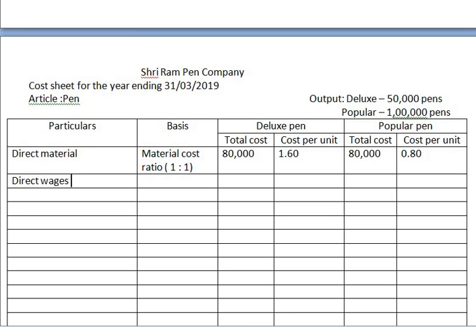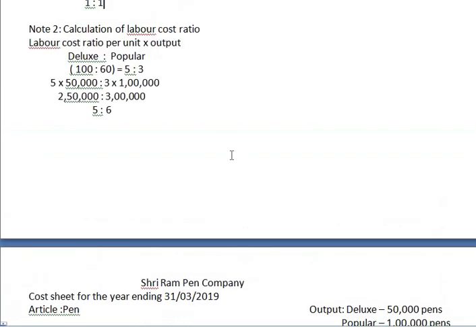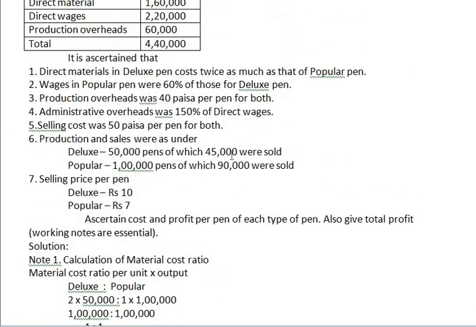Now next is direct wages. Now direct wages, this expense can be distributed in what ratio? That is labor cost ratio. Okay. And here the ratio is 5 is to 6 as per our second working note. Now just go through the problem, find out how much is wages amount.